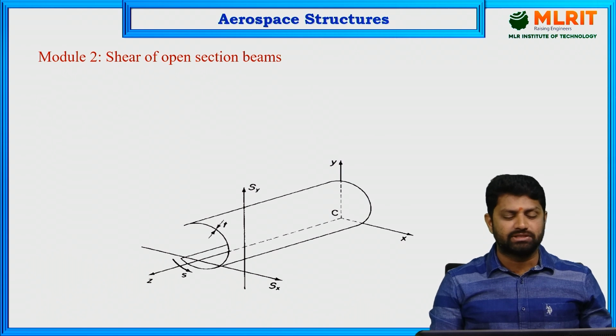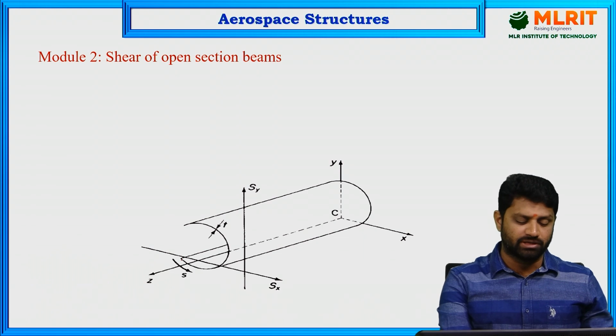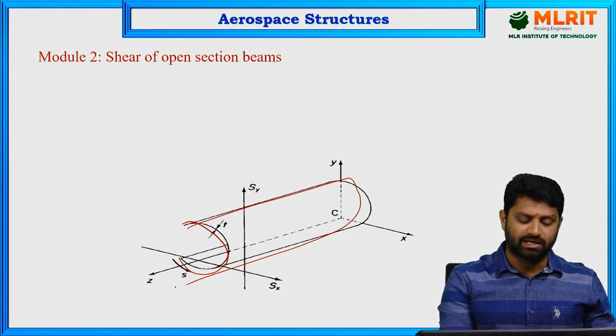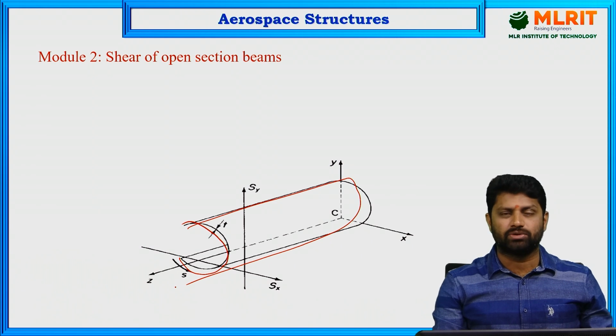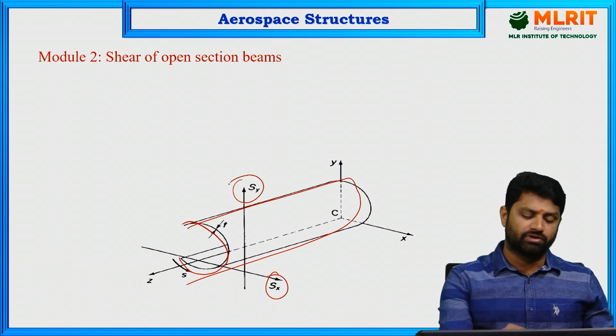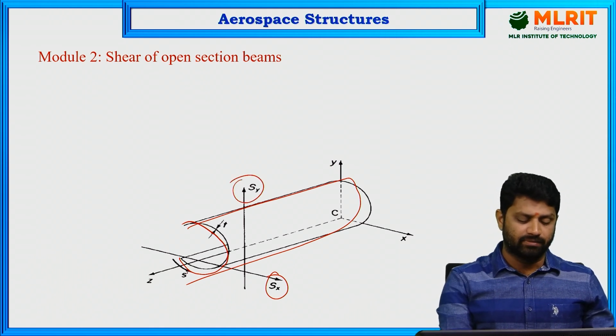To start with this derivation, first let's take an arbitrary open section beam as shown in the figure, and try to understand the forces we are applying on it. There is a horizontal shear load Sx, and a vertical shear load Sy, and we are taking the distribution in the s direction, shown here.